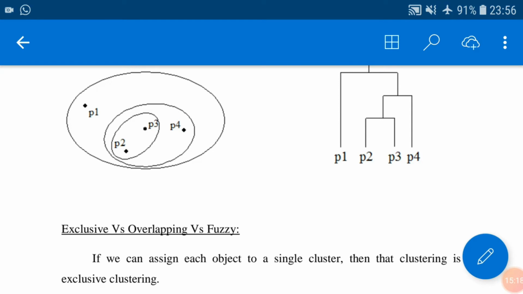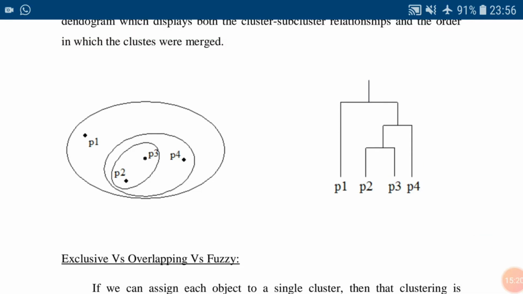Here in hierarchical clustering we observe that P2, P3 are related to cluster 1. We can call it cluster 1 or cluster A, whatever name we consider.